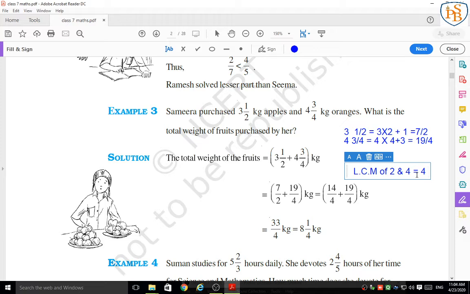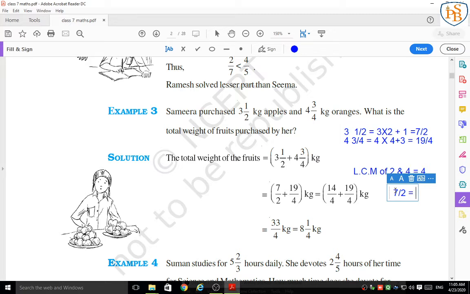Now we are going to equalize the denominators. How can we equalize them? The fraction given is 7 upon 2, and now we have to find the equivalent fraction with denominator 4. In the table of 2, at the place of 2 we get 4, that is 2 2s are 4.